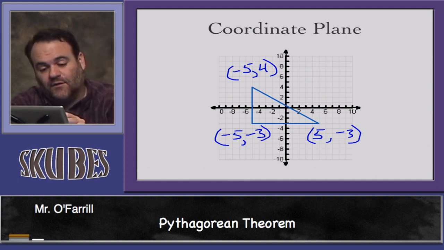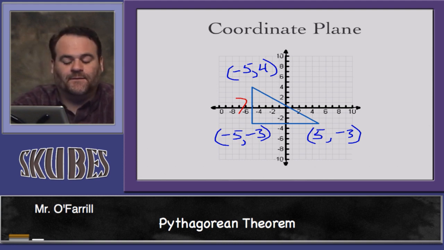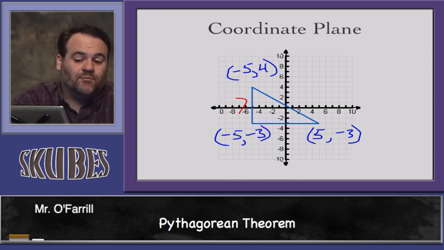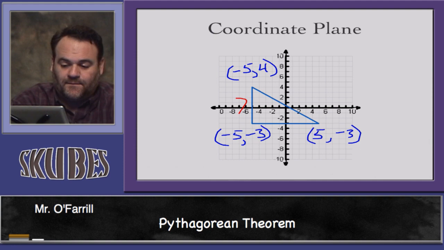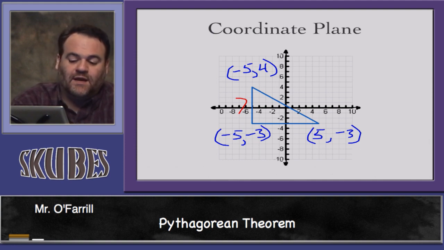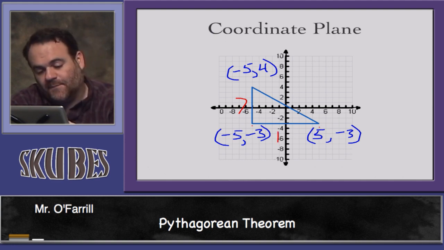No matter how you look at it, the length of this side is going to be 7. And we can use the same approach here. This one goes from -5, -3 all the way over to 5, -3. So the distance in this case is 10. We can do it by subtracting or by counting the squares.